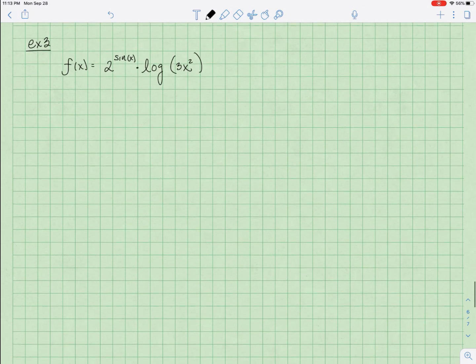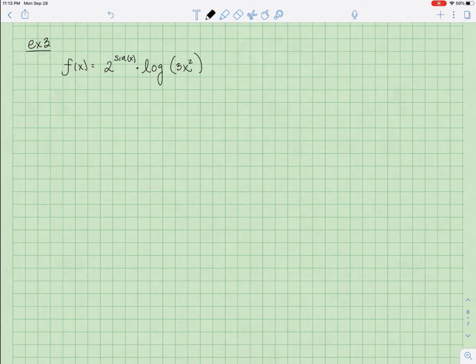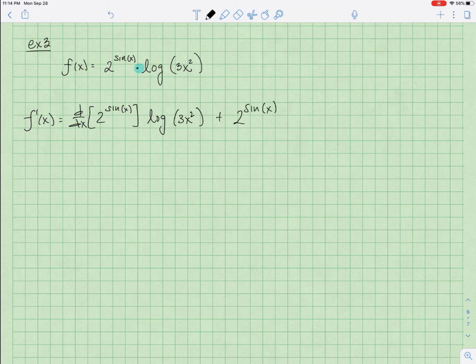Okay. One more example. This one is non-standard base for both the exponential and the logarithm. This is first and foremost a product. So let's get down. F prime of x is equal to the derivative of the first factor times the second factor plus, leaving the first factor alone, we take the derivative of the second factor and multiply.